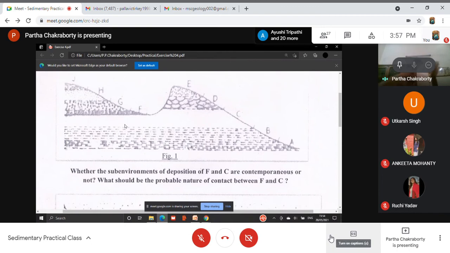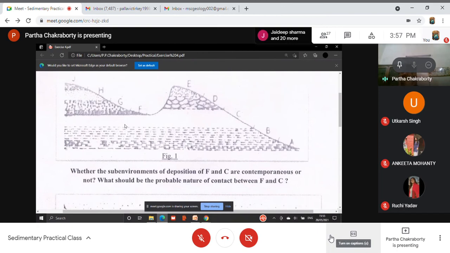The channel system developed by erosion on the underlying strata. C represents the older underlying strata, and the channel is developing and depositing on it by an erosional relationship. It cannot be contemporaneous.